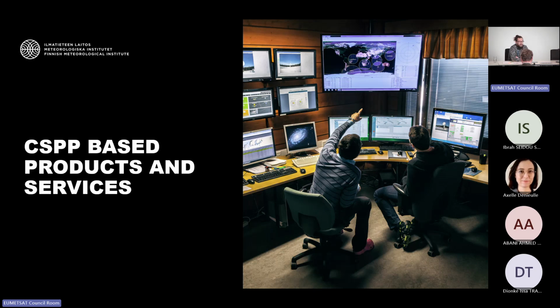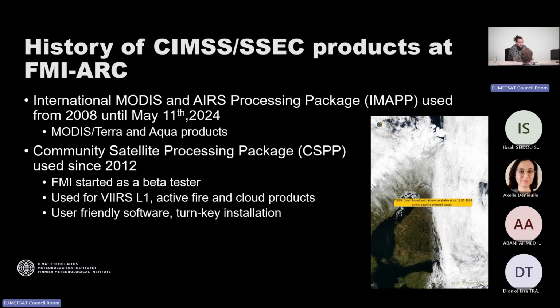Okay, and then some CSPP-based products and services we are doing. First, a short history. We started to use the International MODIS and AIRS Processing Package, IMAPP, in 2008, and we used it until the 11th of May 2024.